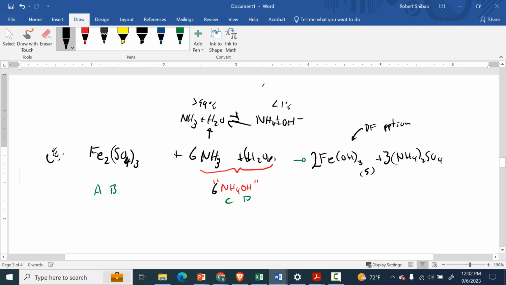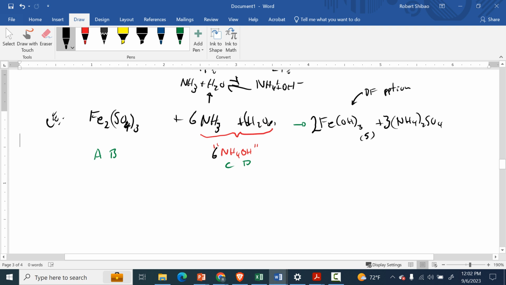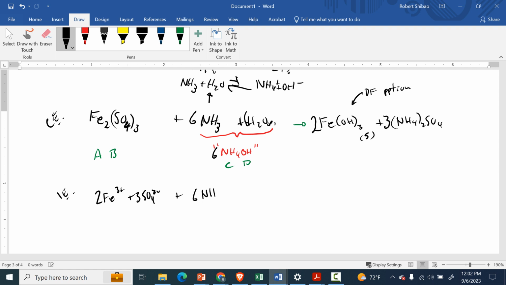And then if we have double replacement, then I'm going to write an IE and an NIE. And so the IE is going to be the iron 3 sulfate. Iron 3 sulfate is a soluble salt. Soluble salts are strong electrolytes. They ionize, and so that's going to break up into 2 iron 3 pluses and 3 sulfates. And then ammonia is weak, and weak you just leave alone.